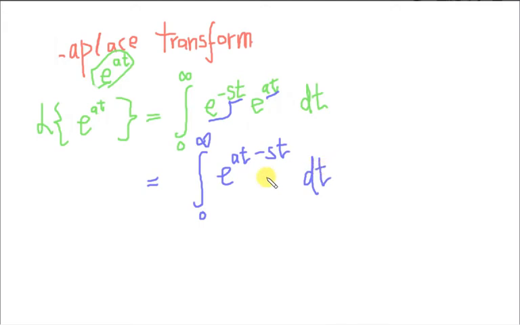Then it will become the integration from 0 to infinity of e power, so let us take t common. Rather, take minus t common. So it will become e power minus t times s minus a dt.